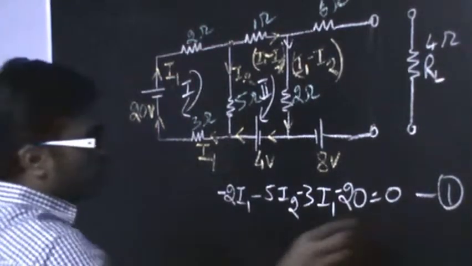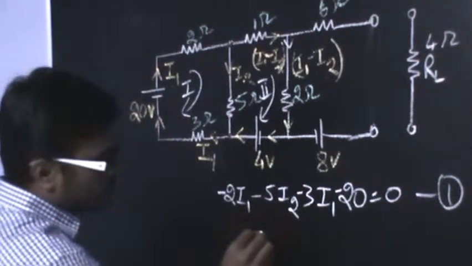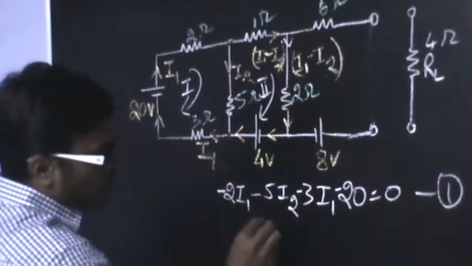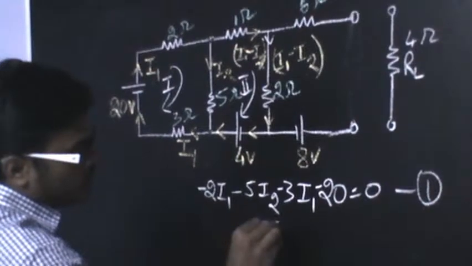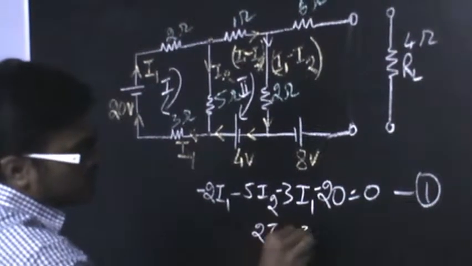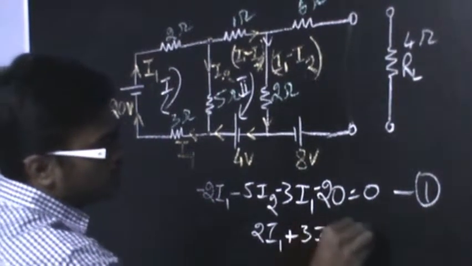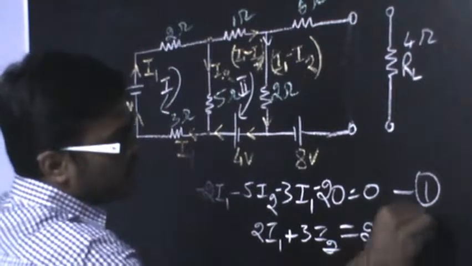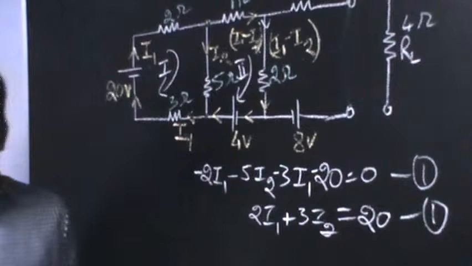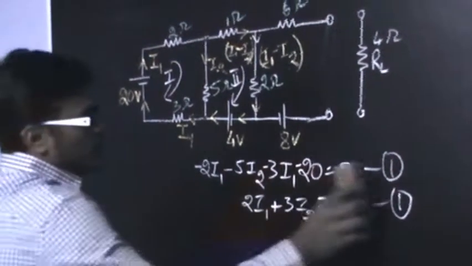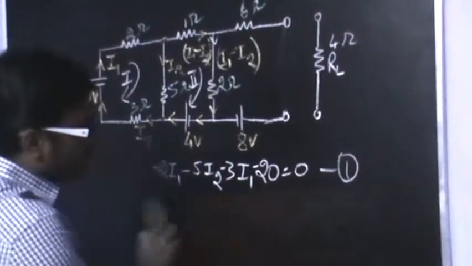If I solve this, I will be getting 2I1 plus 3I2 is equal to 20. Let me take this as the first equation. No need to waste time.